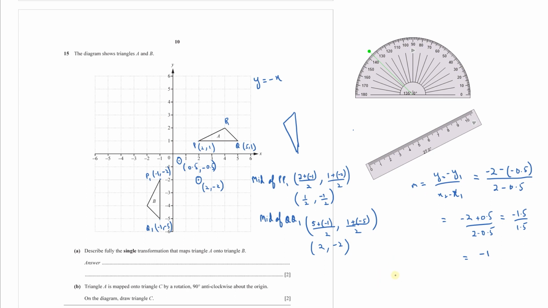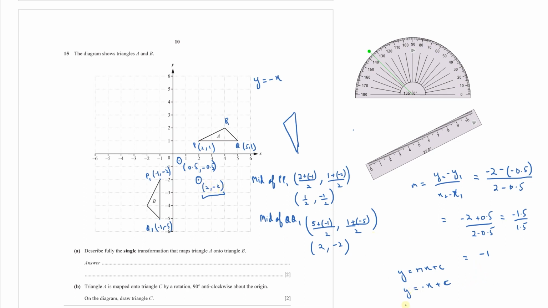So your equation for the line, y equals mx plus c, would be y equals minus x plus c. Then I can use this pair of points to find the value of c, which is the y-intercept. Let's substitute these x, y values in this equation. The x value is 2, the y value is -2.